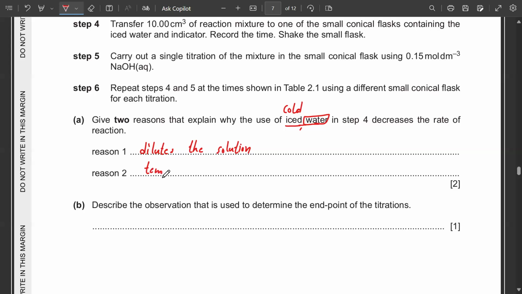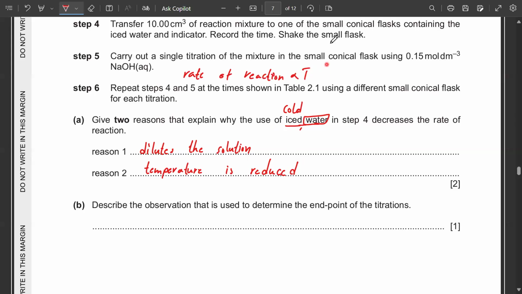The temperature is reduced, and the reduced temperature lowers the rate of the reaction. You know that rate of reaction is directly proportional to temperature.